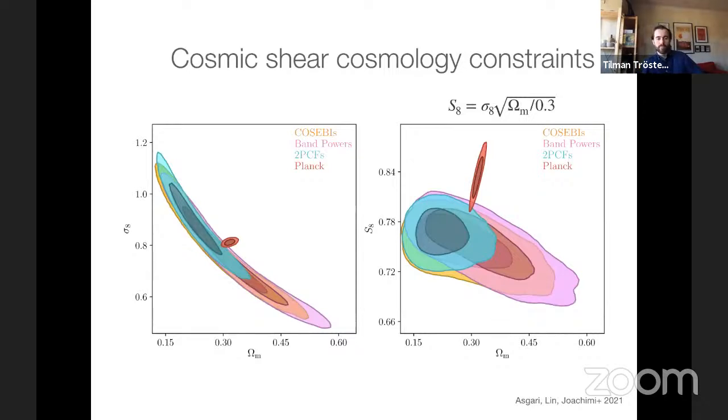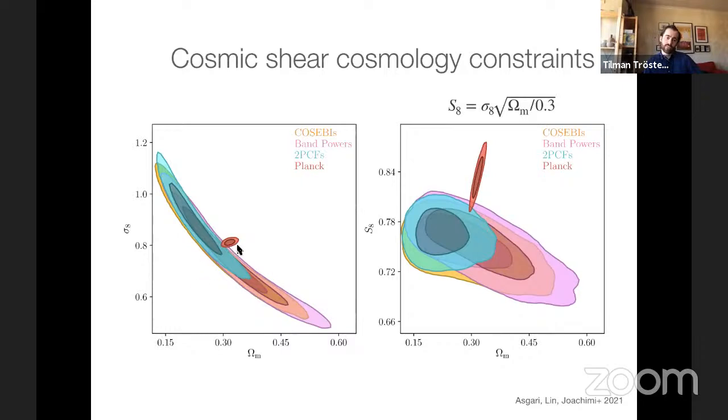So on the left, we have that well-known cosmic banana that's parameterized in sigma 8 on the y-axis here, which measures basically how clumpy the matter distribution is, and omega m, which tells us how much matter there is. Because lensing can't really distinguish between those 2 effects, we have a very long degeneracy.